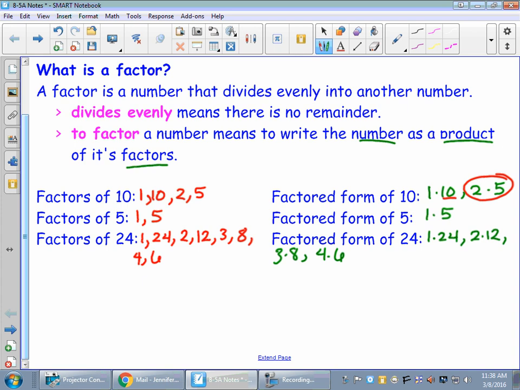When we factor 24, all of these could be factored again. 24 can be factored, 12 can be factored, 8 can be factored again, 4 and 6 can be factored again. So what we like to do is factor all the way down to where you can't factor anymore, and then we don't have to worry about all these multiple answers.